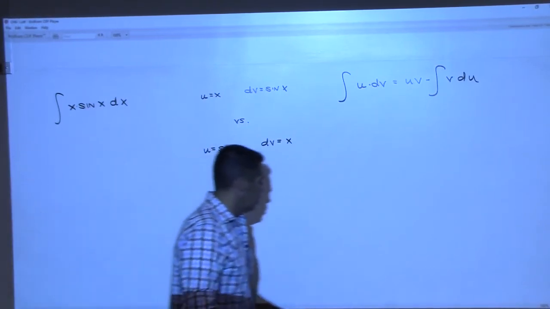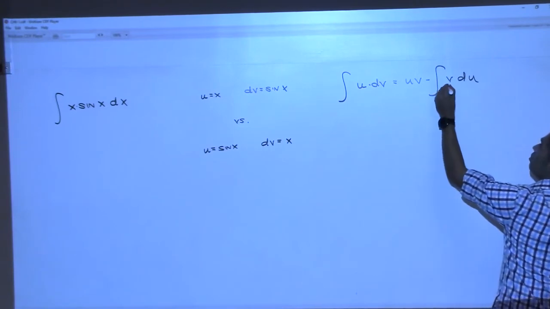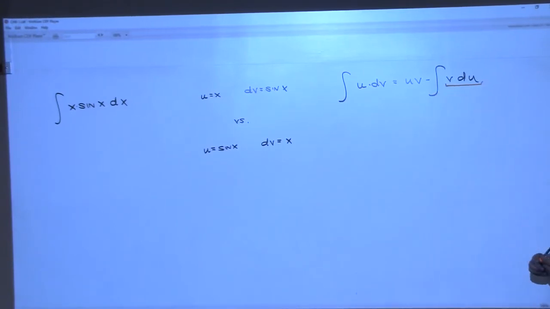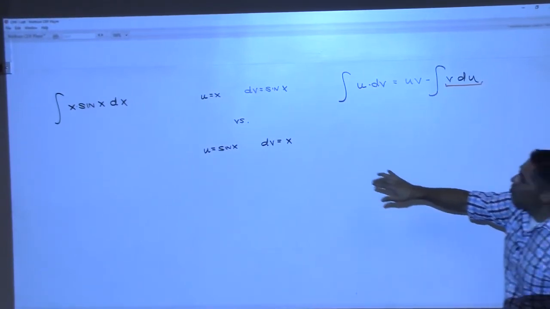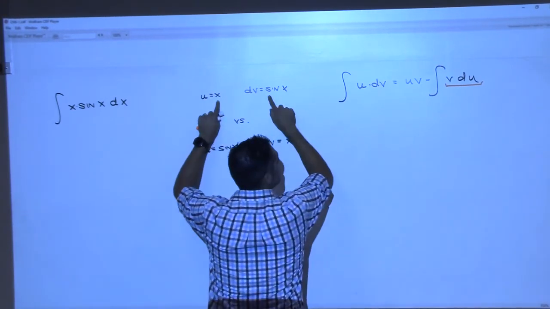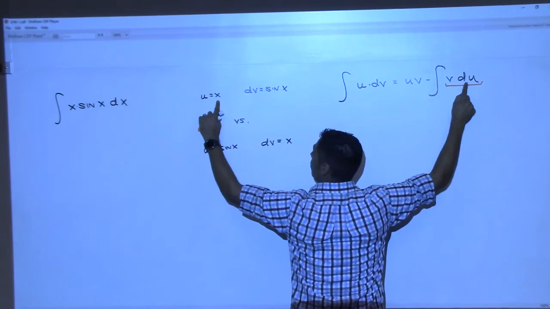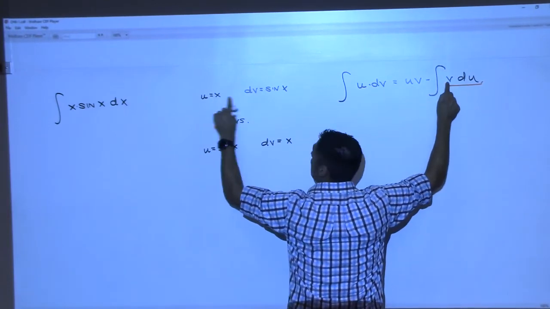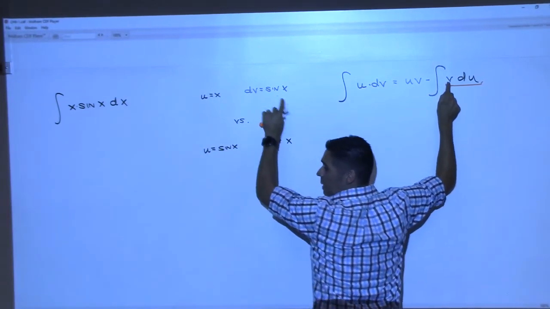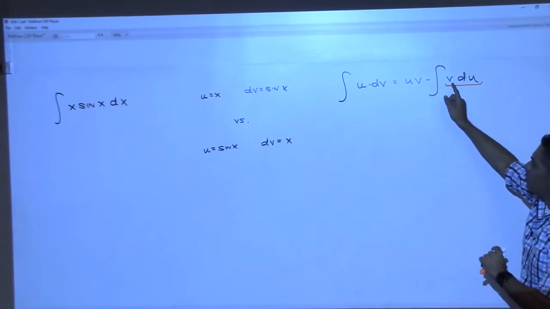In the new integral, you're going to have v du. In the first case, du is 1, and v is the antiderivative of sine x, which is negative cosine x, and that looks good, right?